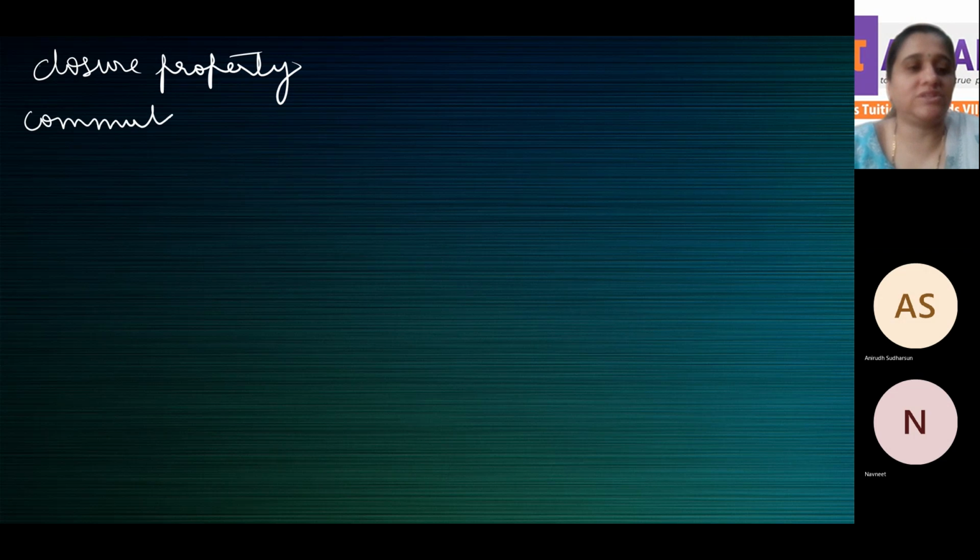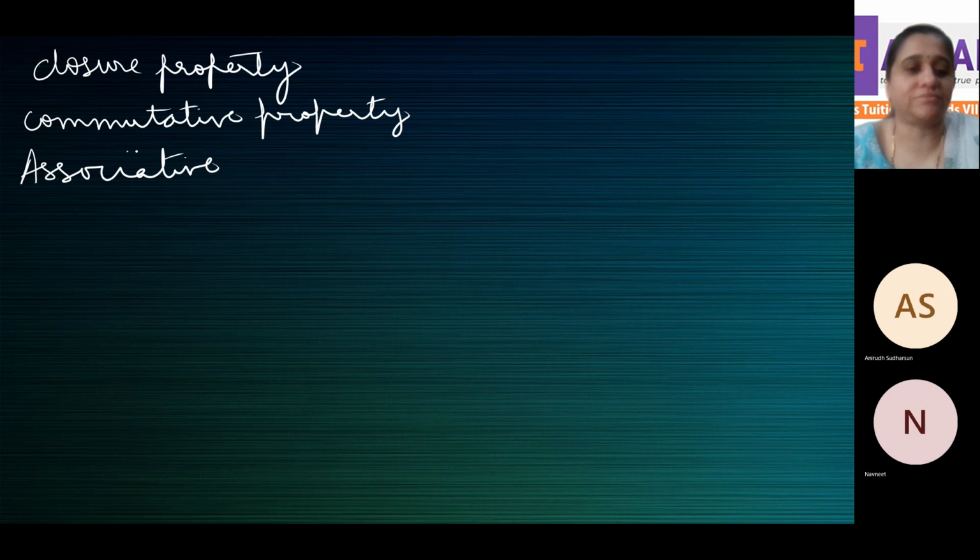So we stopped here in the last class, the distributive property. We understood the closure property for all operations on integers. Let me write here. We understood the closure property, commutative property, associative property, and the distributive property we're going to learn now.